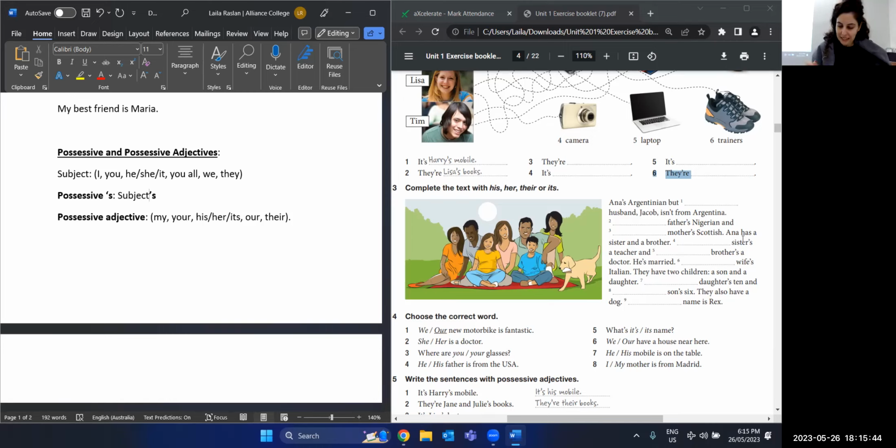So maybe it's his for both. Anna has a sister, a teacher, and her brothers. Because we're talking about Anna, her brothers. And he's married and his wife's Italian.